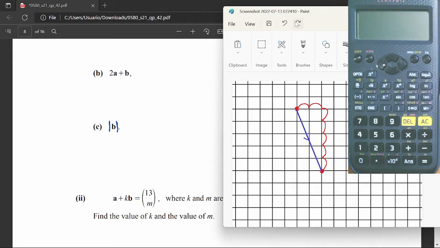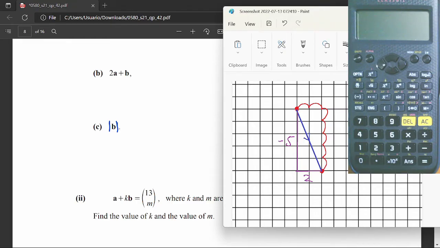Now if we draw a line there and a line there, I have a right angle triangle, and I know that this side is 2 and that side is 5, or rather minus 5, as we went down.